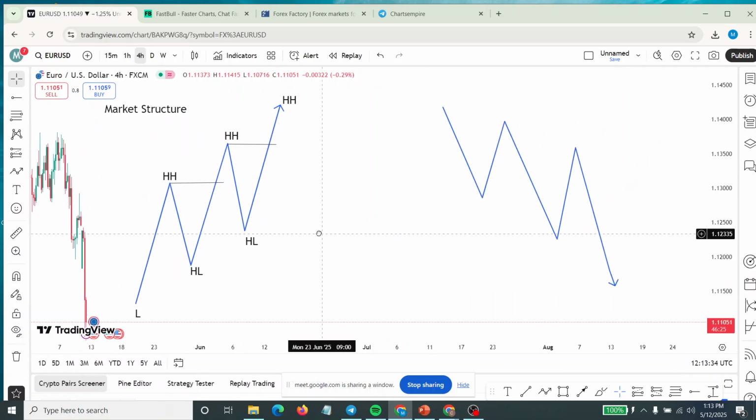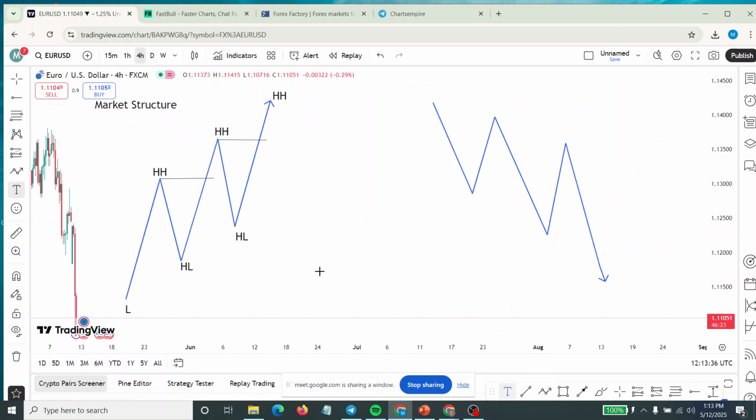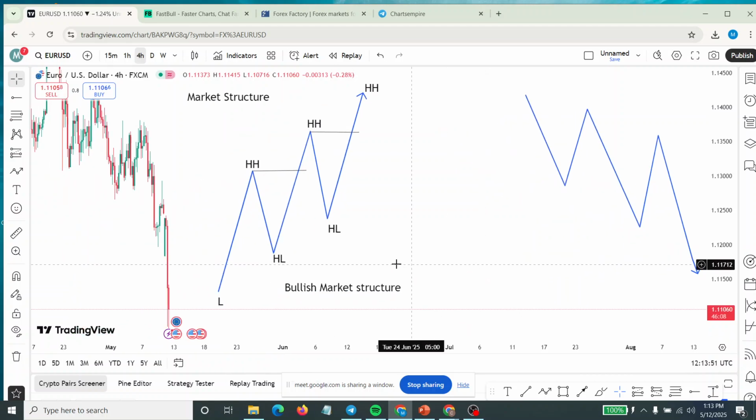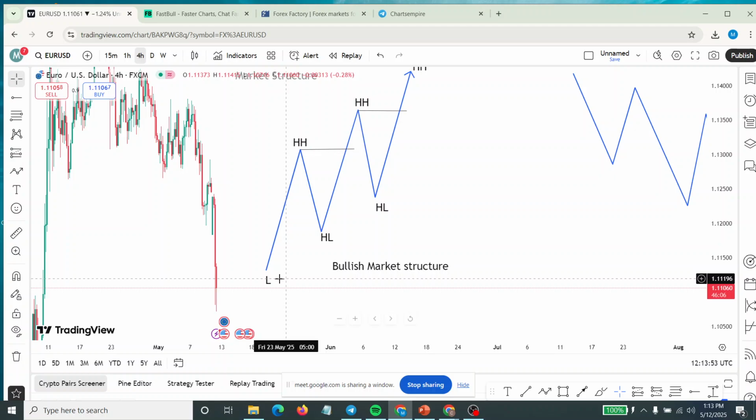Because before you have a bullish market structure, first of all you want to identify your low.